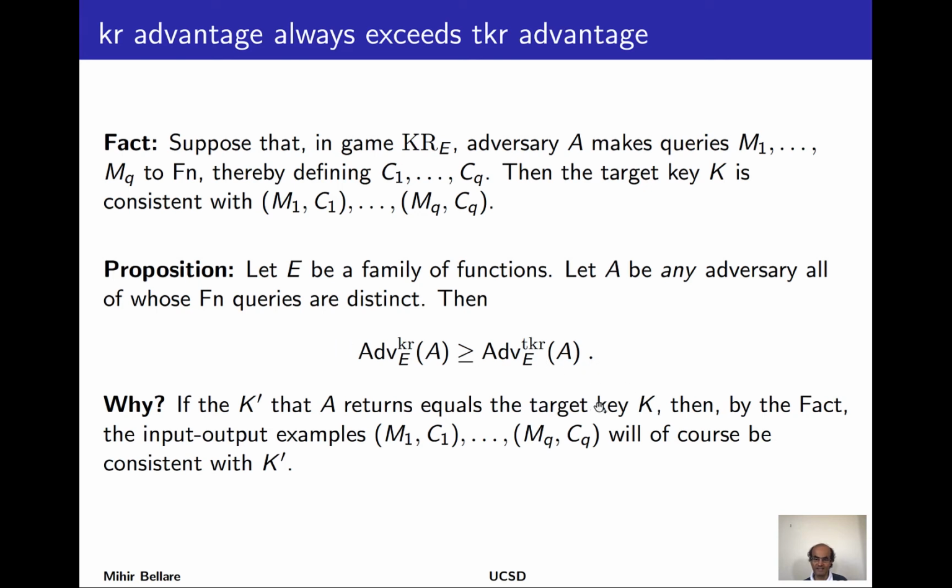Or it doesn't equal the target key, but it's consistent with the input-output examples, in which case it wins this, but not this. Whenever the adversary returns the target key, meaning whenever it wins this, it will certainly win this. And so this probability can only be greater than or equal to this one.